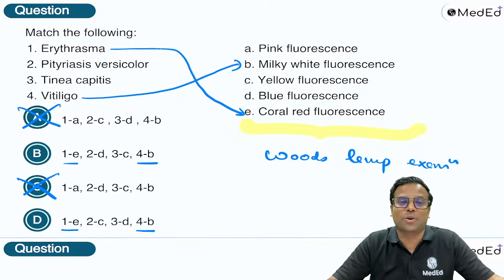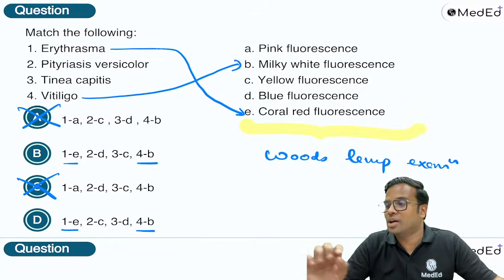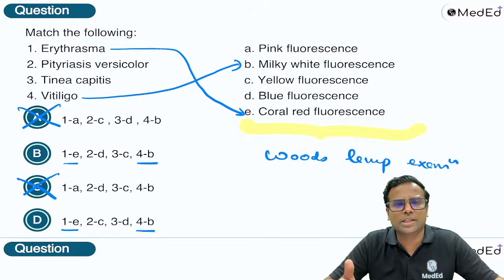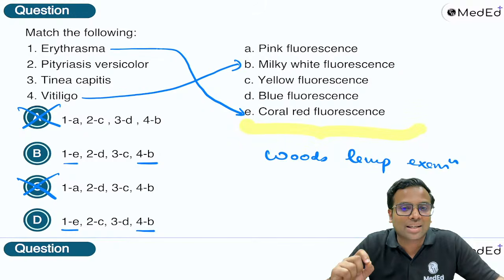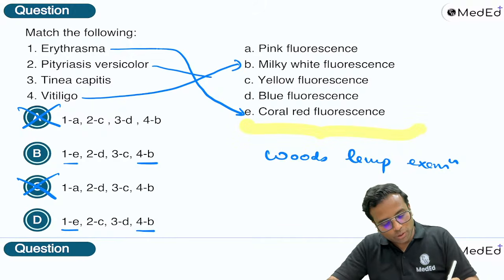Now it has become challenging. Both these options are again correct. Now the deciding factor should be between pityriasis versicolor and tinea capitis. What is the color that you expect in pityriasis versicolor? Is it pink by any chance? No. And is it yellow by any chance? Yes. So pityriasis versicolor is going to be yellow.